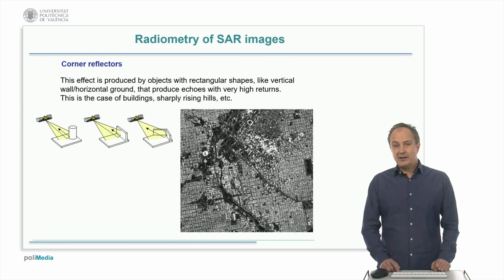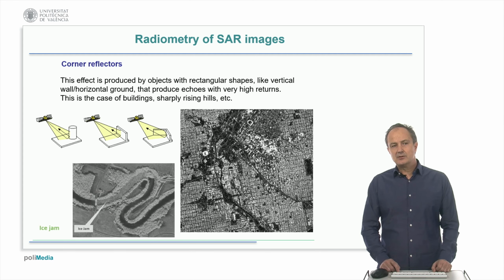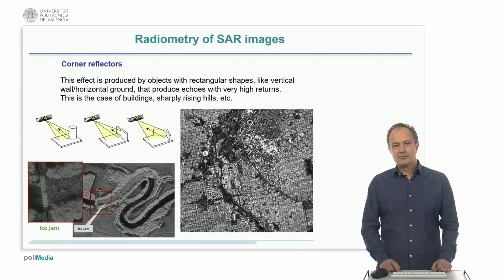The effect of corner reflectors is produced by objects with rectangular shapes. The vertical walls combine with the horizontal ground to produce echoes with very high returns. This is the case of buildings, sharp hills, and other similar objects. Here we can see two examples, one of them showing a typical urban landscape, another showing an ice jam where the edges of ice blocks act as corner reflectors.